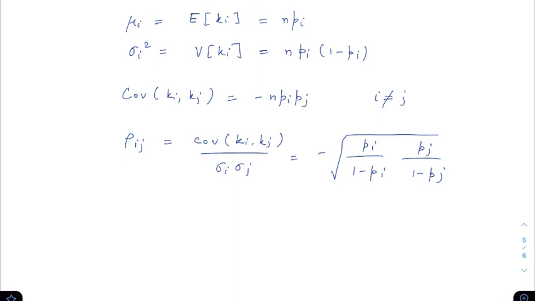The correlation comes about because n is fixed, the sum over the ki's is n. Therefore, the ki's are not independent.